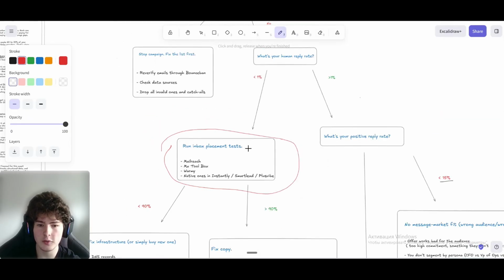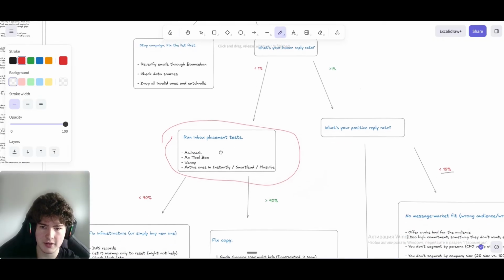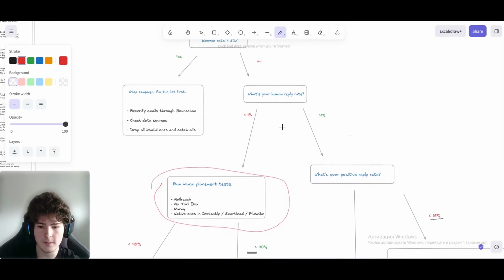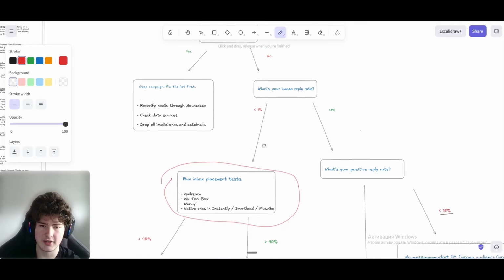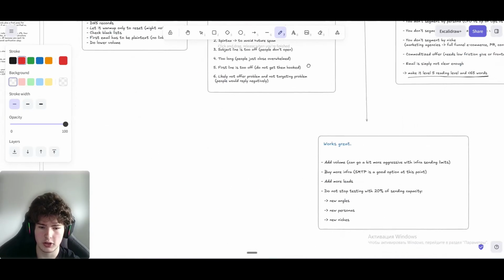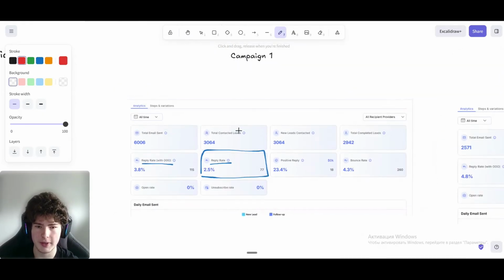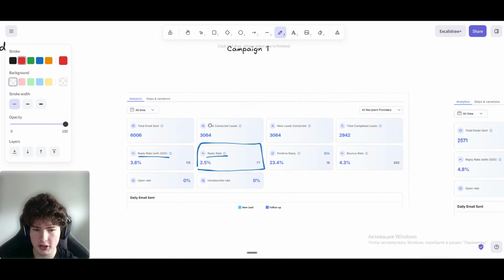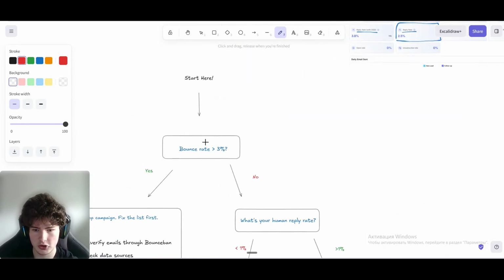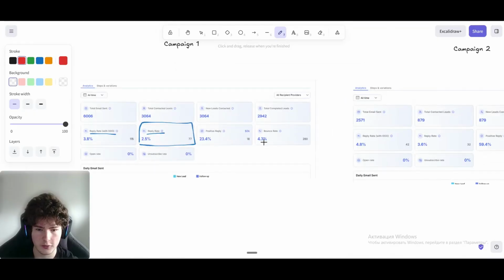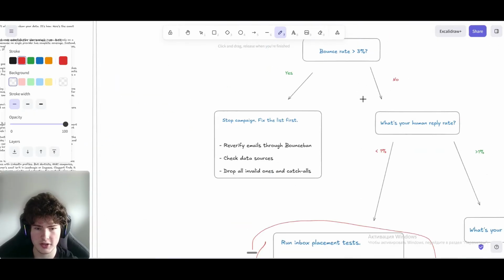If something is off, the first thing that I do all the time is look at the data, number one, and then run inbox placement tests if it's actually something wrong. You know what I mean? And then also a quick walkthrough of the actual campaign data. Campaign number one, step one, bounce rate is more than 3. Yes, 4.3. Okay, what's the issue?